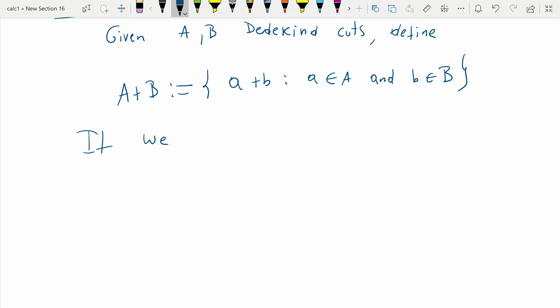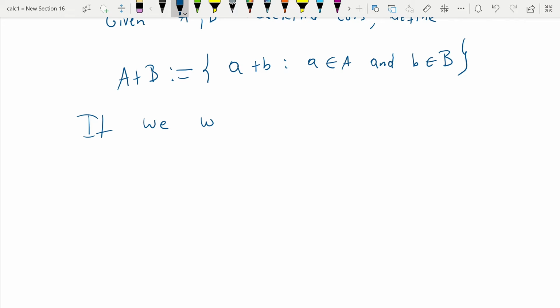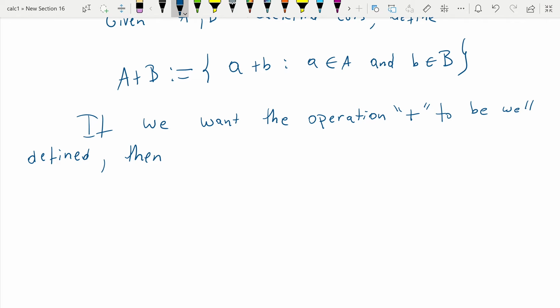So let's recall that if we want the operation plus to be well defined, then A plus B, which is a set, should be a Dedekind cut.